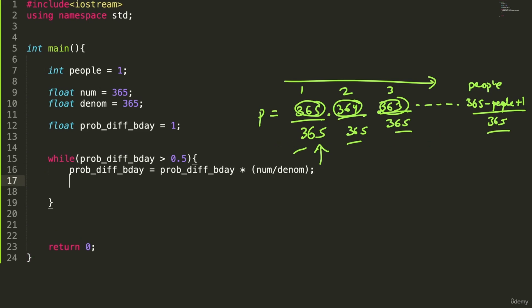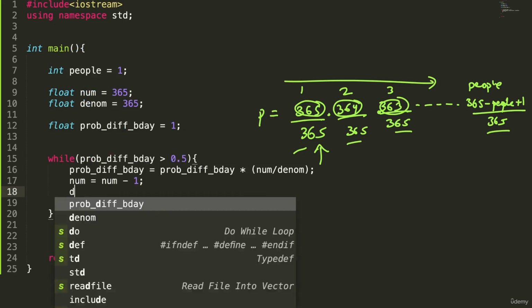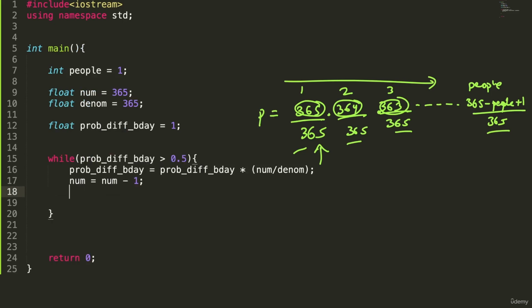But for the next person, the numerator is going to be reduced by 1 and the denominator will not change, and the number of people in the hall will change. This number of people is now going to be 2, so people is going to be people plus 1.